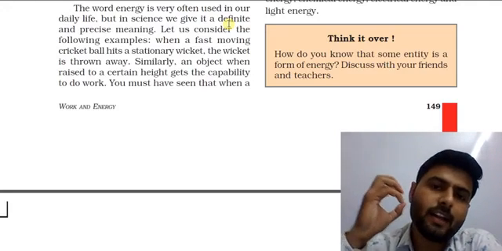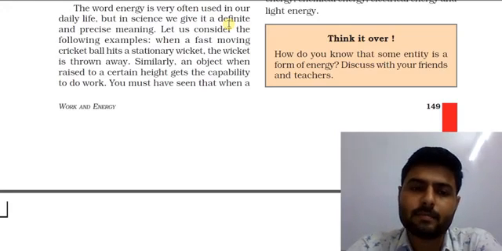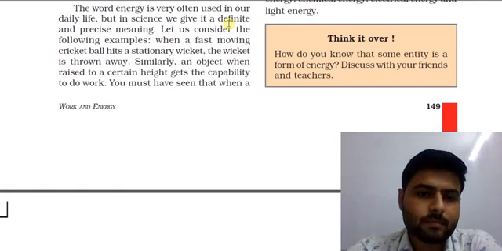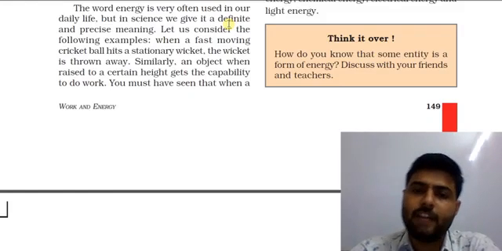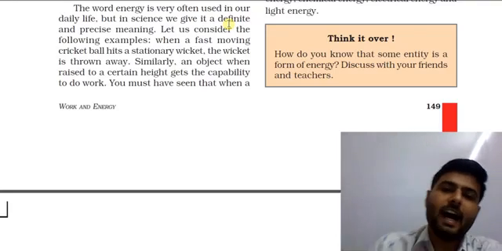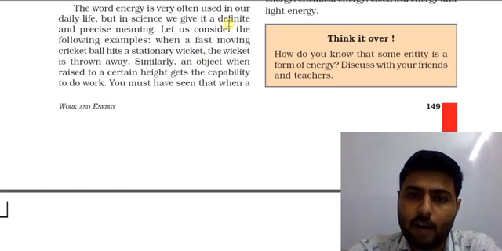When a cricket ball hits the wickets, the stumps, what will happen? It transfers its energy and the wickets are thrown away. Similarly, if we take one object to a certain height, it has the capability to do work. How can we say that?